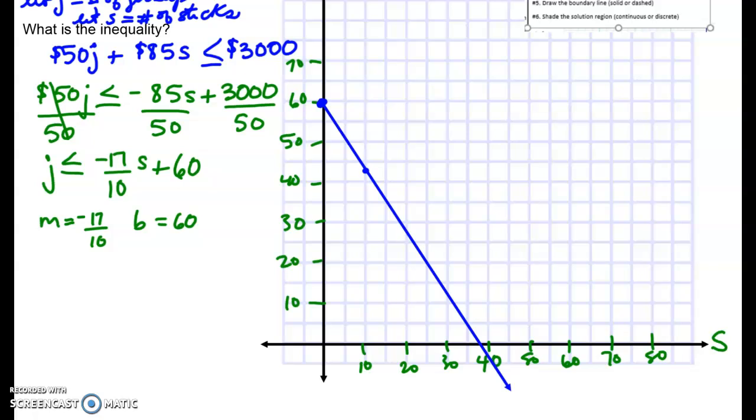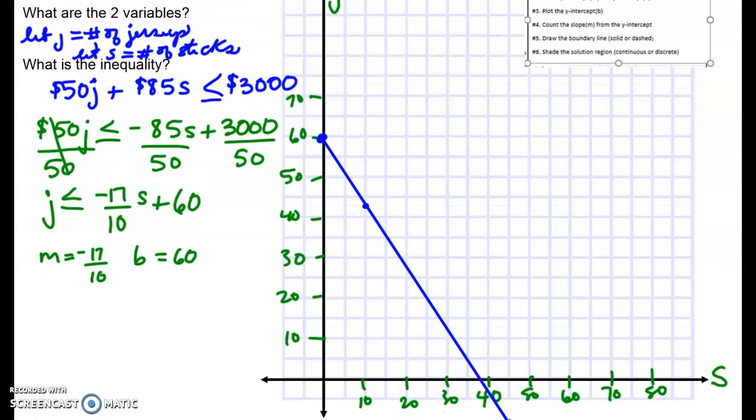So let's see what our value would be if I put a 0 in for y. I want to know how many sticks I could buy if I bought no jerseys. So that original question's up there in blue. I'm going to buy no jerseys, which means I'm going to put a 0 in for the y coordinate, or our j.